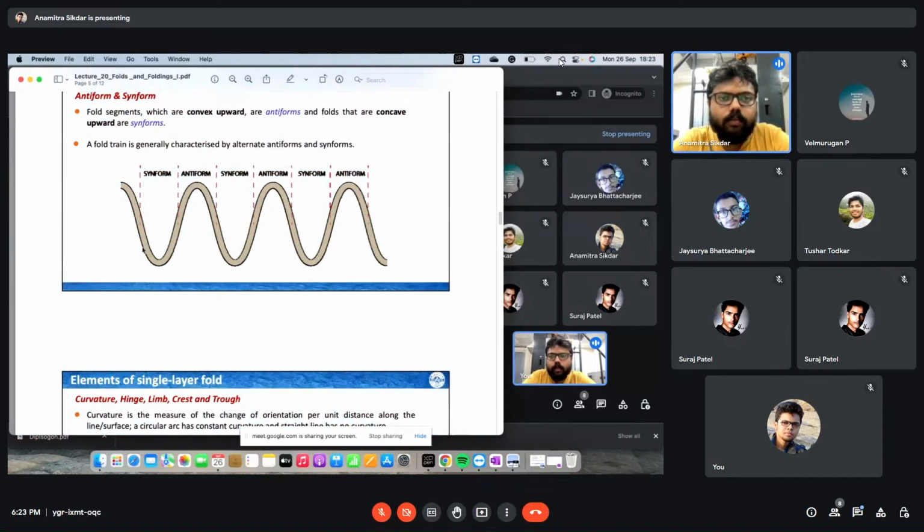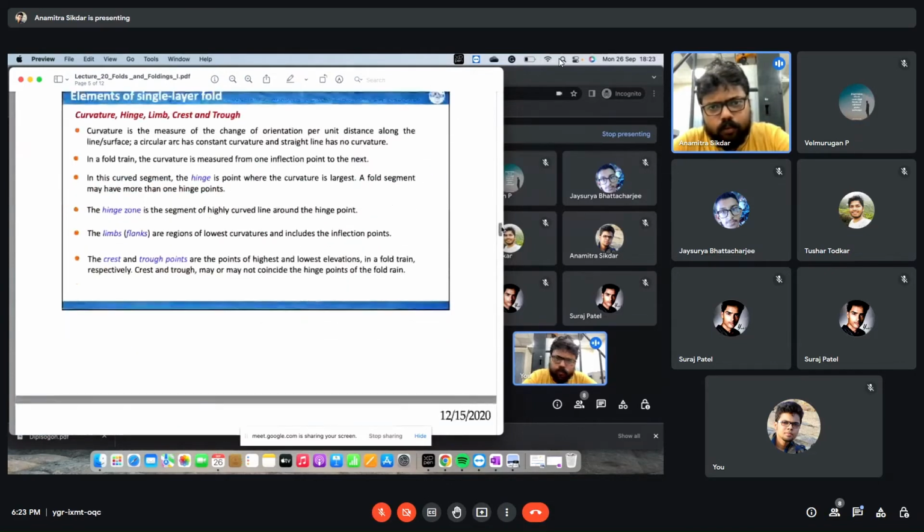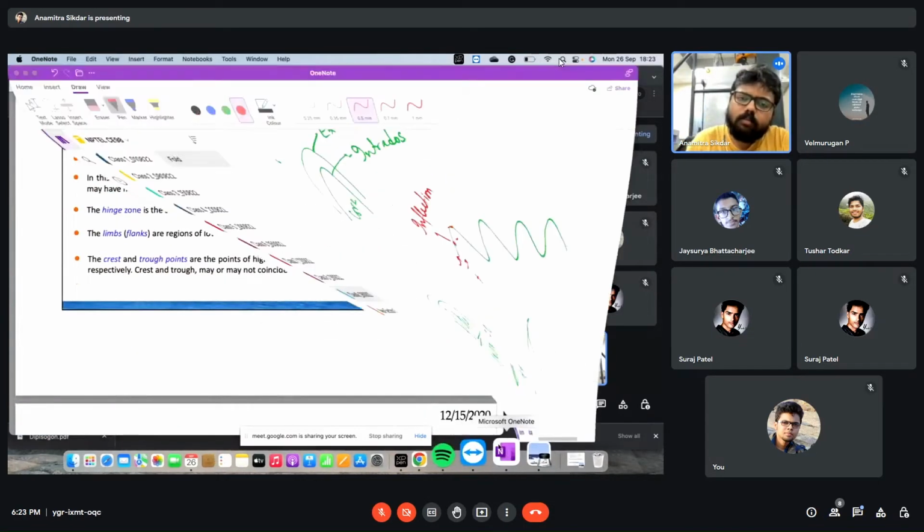If it's concave upward or convex downward, we call them synform, right? So this part is called synform and this part is called antiform, right? And there are different parts of folds. This is a little bit tricky but not so much.